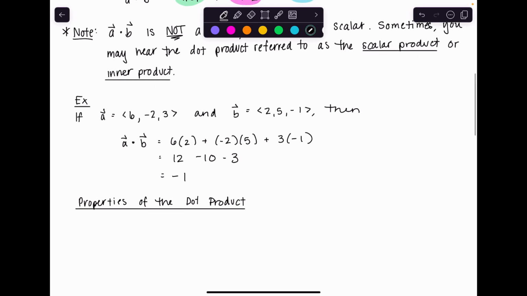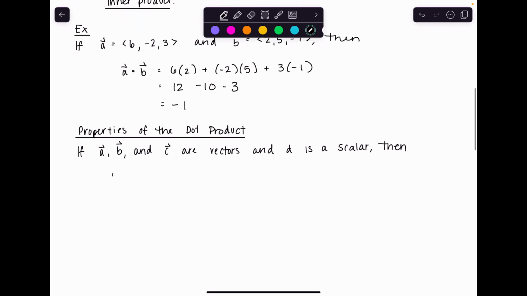So let's assume A, B, and C are vectors and D is a scalar. Then the following properties hold. The first one is the one that I will prove. If you take a vector and dot product it with itself, what you're really doing is finding the magnitude of that vector squared.